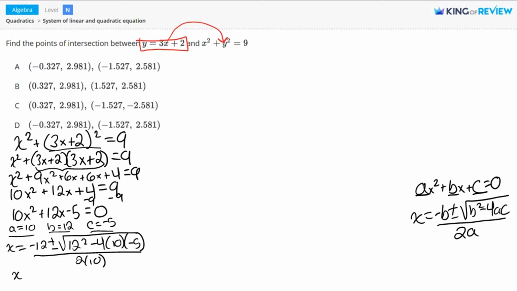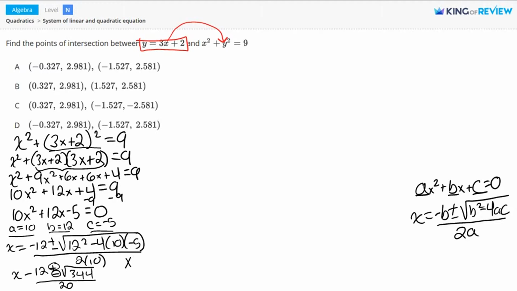When you simplify, you get negative 12 plus or minus the square root of 344, and this is all divided by 20. So we're going to have two values for x. One will be calculated using this plus sign, and the other is calculated using the minus sign.